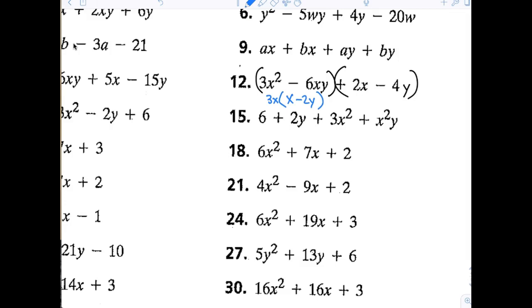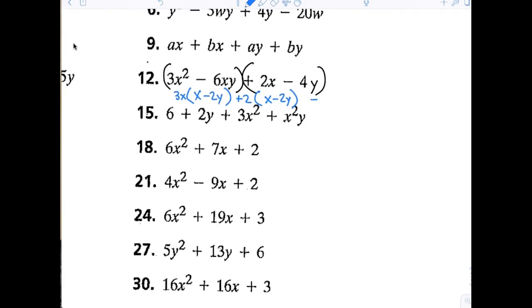And now? What's common? Positive 2. Make sure you mark that down. Positive 2, and then you're left with x minus 2y. And so now, x minus 2y times 3x plus 2.